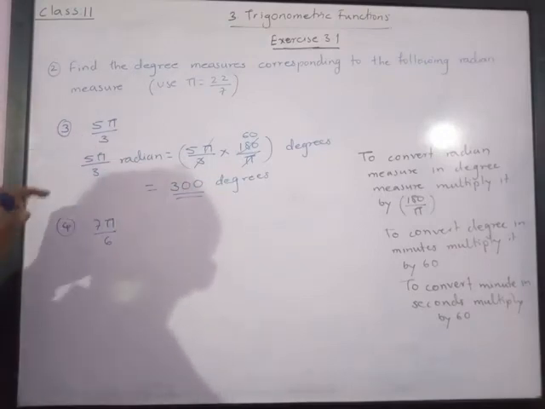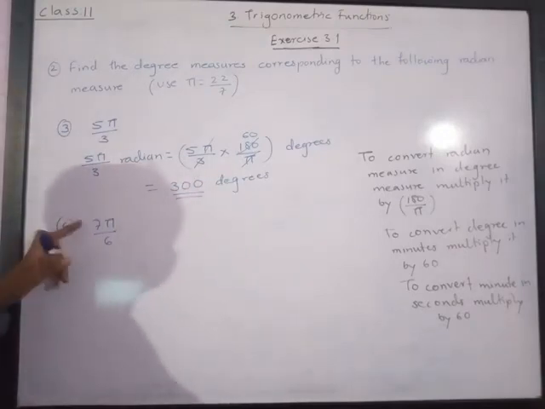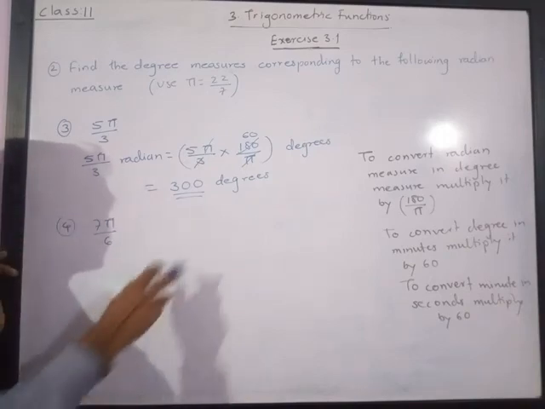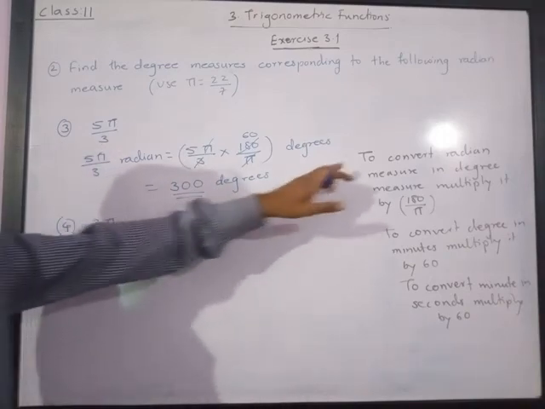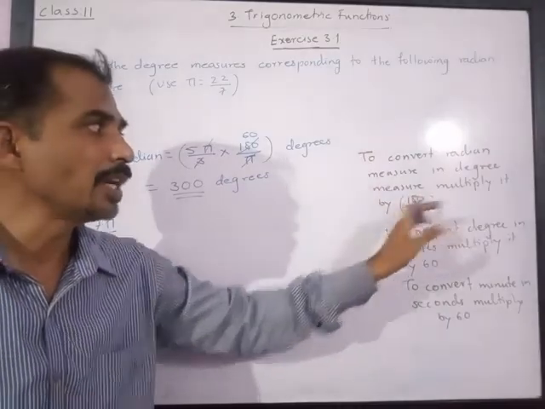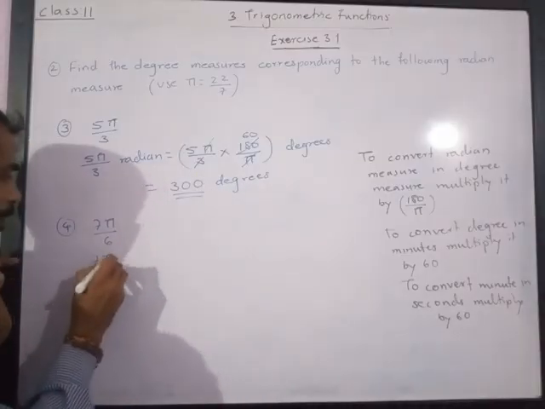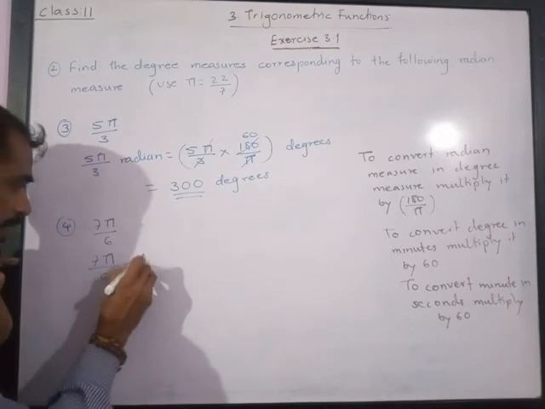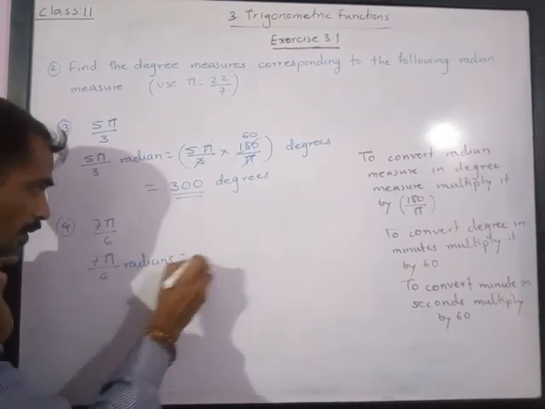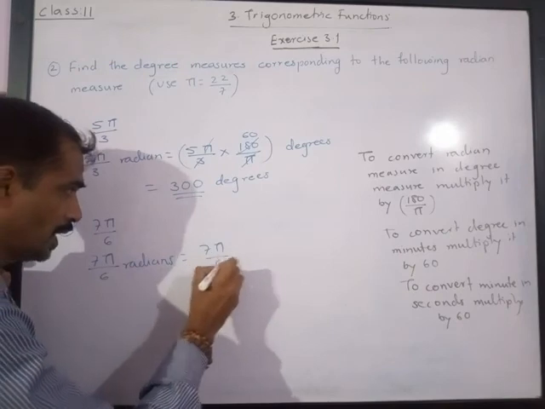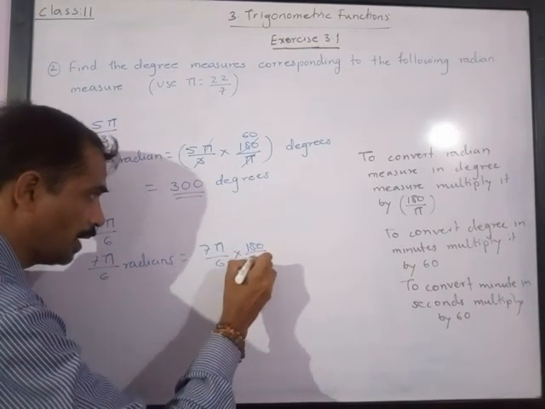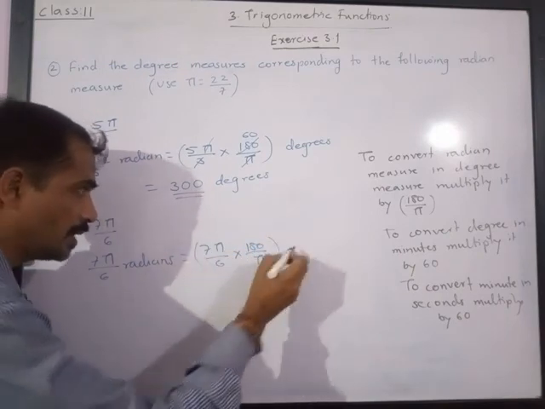The last sub question from the second question is 7 pi upon 6. We know the conversion: to convert radian measure into degree measure, multiply it by 180 upon pi. So 7 pi upon 6 radians is equal to 7 pi upon 6 multiplied by 180 upon pi degrees.